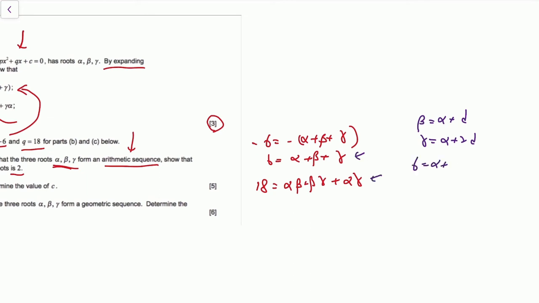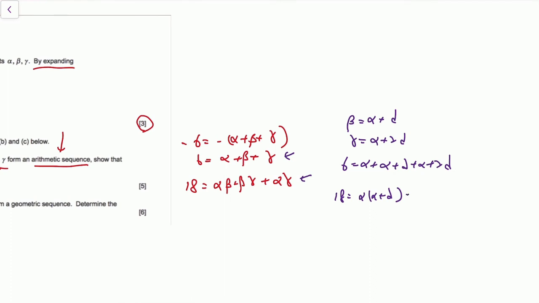So we have alpha plus d plus alpha plus 2d is 6, and 18 is alpha times alpha plus d, beta times gamma, alpha plus d times alpha plus 2d, and so on. Technically you could do it that way, because then you get 2 equations with 2 unknowns.